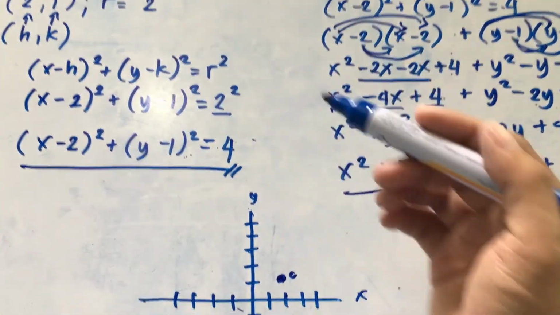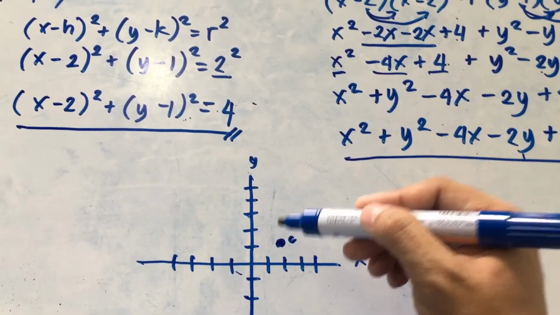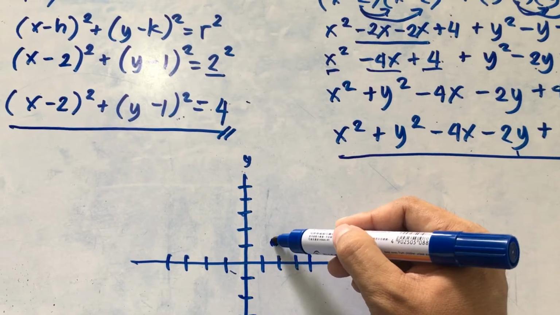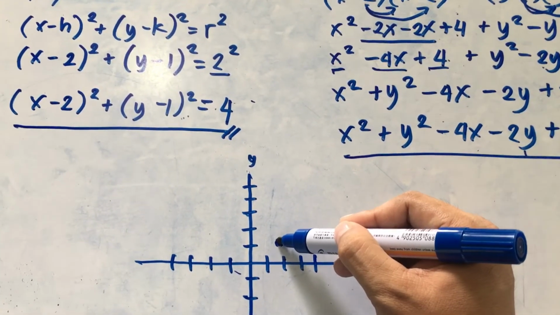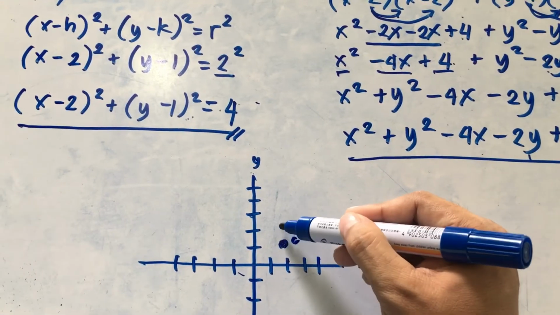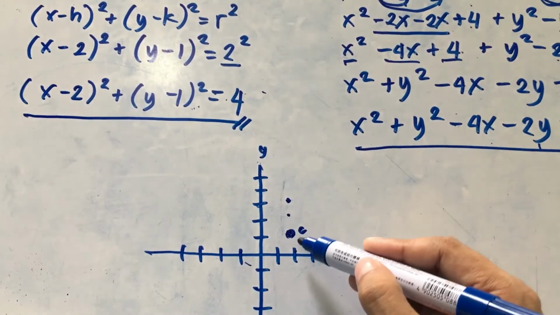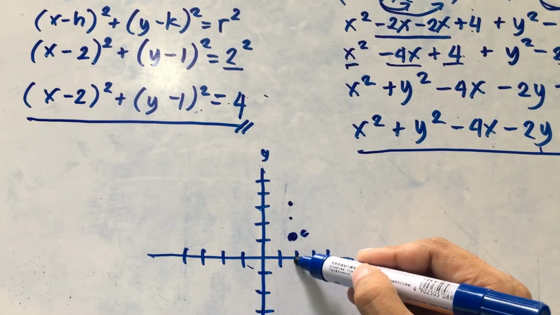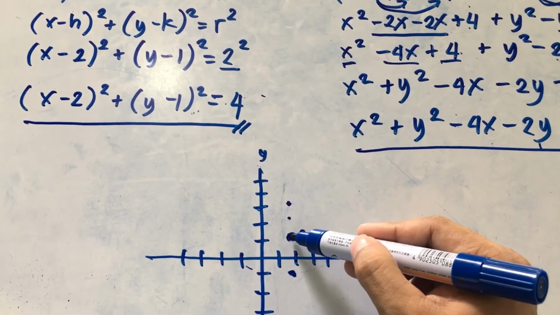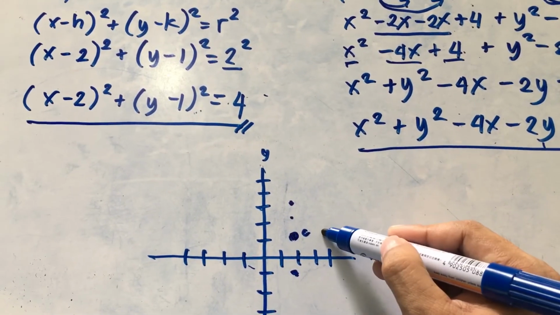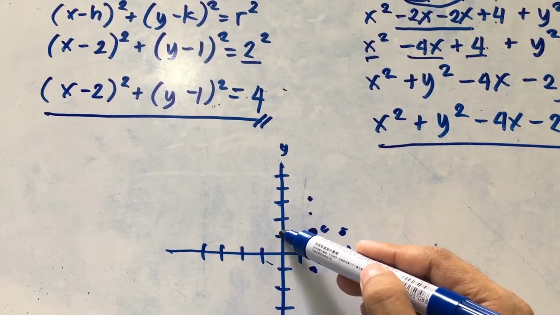Now, if your radius is 2, the radius will indicate the unit distance from your center of your circle. If this is your center of the circle, the radius is going 2 units upward. So you have 1, 2, put a small dot, then 2 units downward, 1, 2, then 2 units to the right coming from your center, 1, 2, then 2 units to the left, 1, 2.